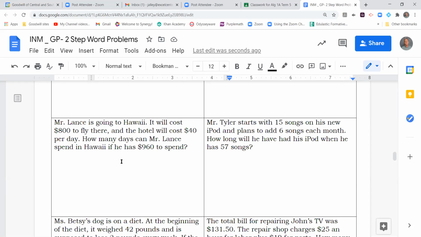So how do we want to start writing this equation? 40 per day. Good. I like it. Plus 800 equals 960. Yep, that's all you got left.